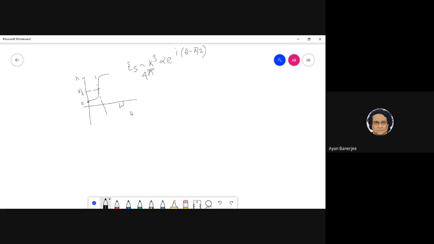This is the resonance curve of phase versus omega, from 0 to pi. For omega less than omega 0, theta tends to what? Right or wrong? This is correct, no?